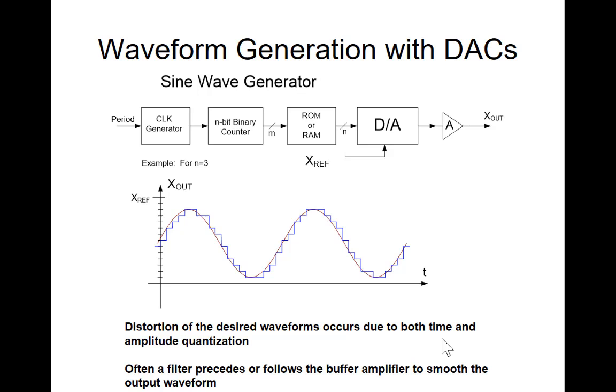Here's a sine wave generator. Generating a square wave, generating a ramp and a sine wave at the same frequency is a little bit of a challenging task with analog components. But this works very well. So what we do here is we take the output of the binary counter and we run that into a ROM, or it could be a RAM that we program.